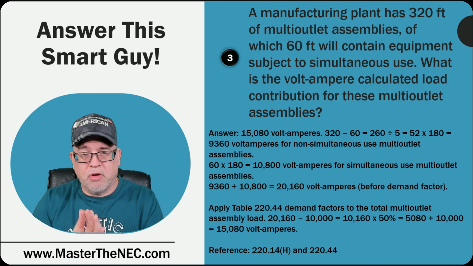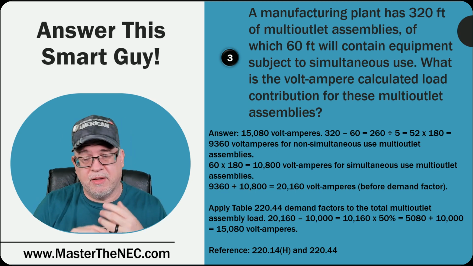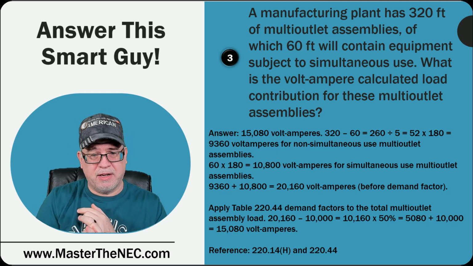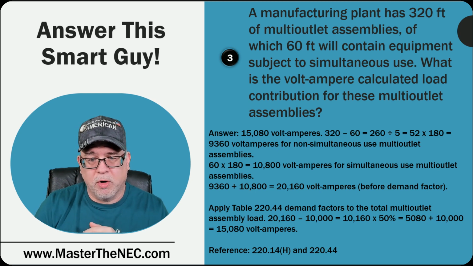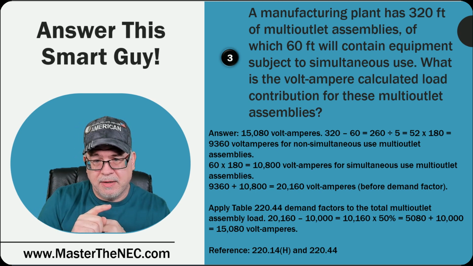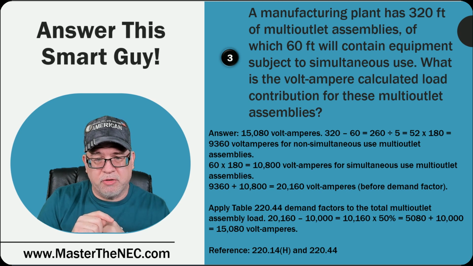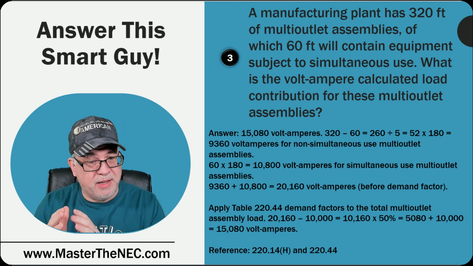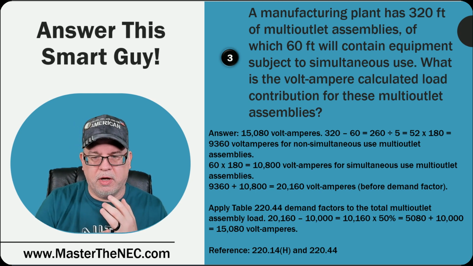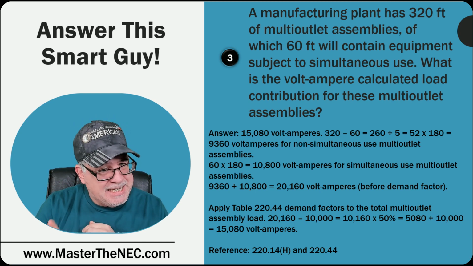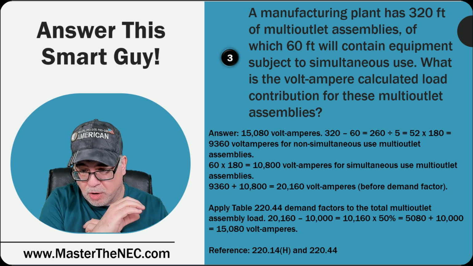All right. So what we're doing here is applying the first 10,000 at 100%. So we're going to take that 20,160 and subtract from it the 10,000, so we have something to work with at 50%. And we'll add that 10,000 at the end. So we did 20,160, take that 10,000 away from it and set it aside. We'll work with that later.